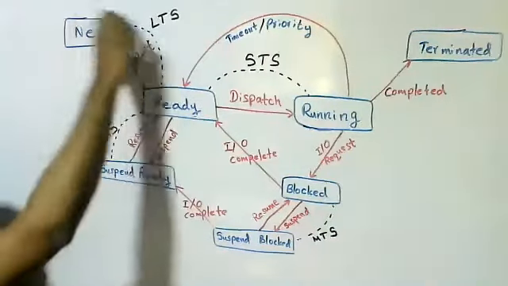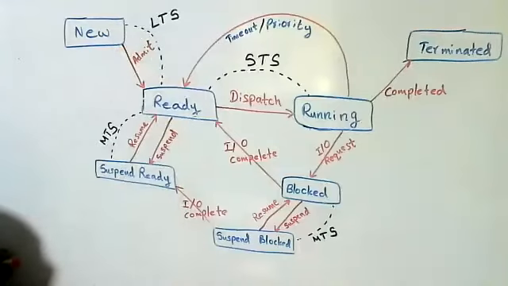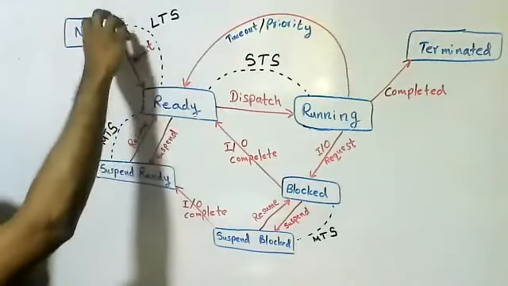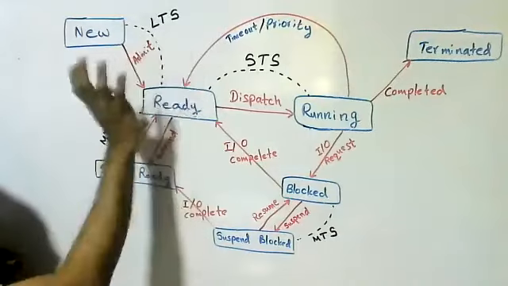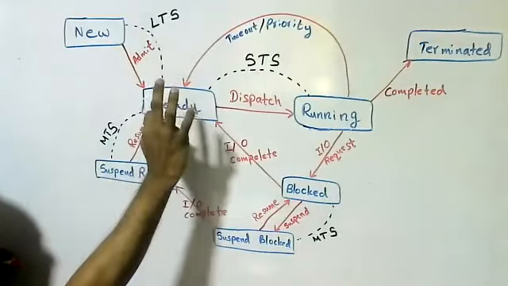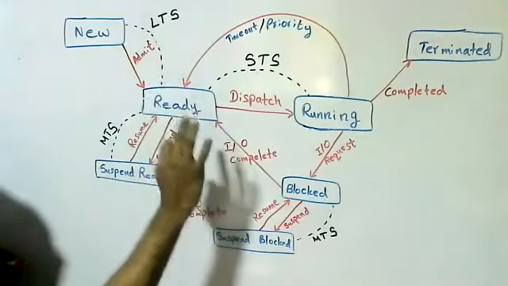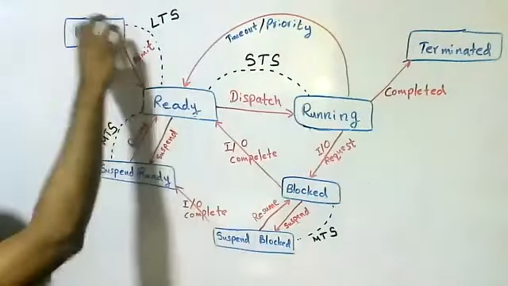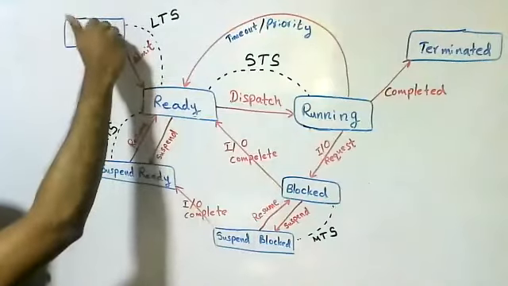Always processes do not start. I have already explained what situations processes start: a user can start a process, an operating system can start a process, or a parent process can start a sub process. In such situations only a new process starts.